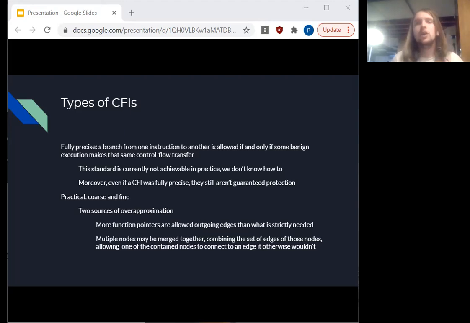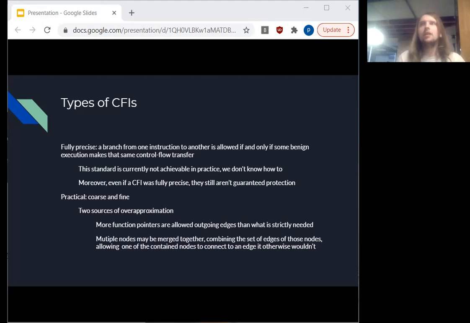The particular sources of over-approximation can be that from any particular node, we don't need to call everything that might be possible, but we still might have those edges in the graph. And so having those extra outgoing edges is a problem. The other is that some nodes of the graph that might be better being more granular could be merged together into larger chunks. The issue with that is it eliminates the security check of transfers inside of those combined, collapsed nodes.